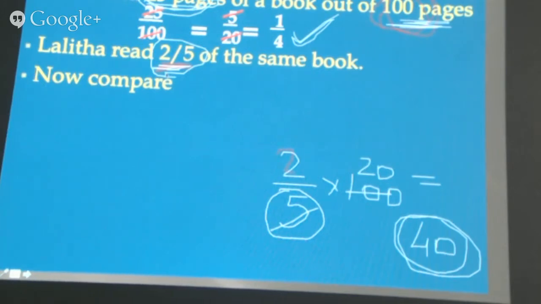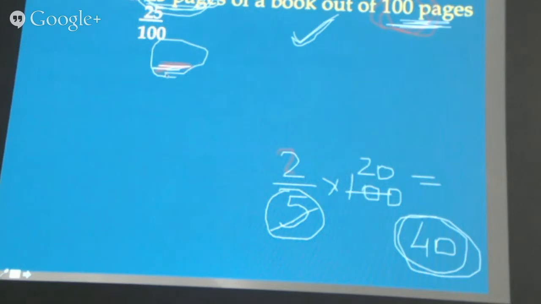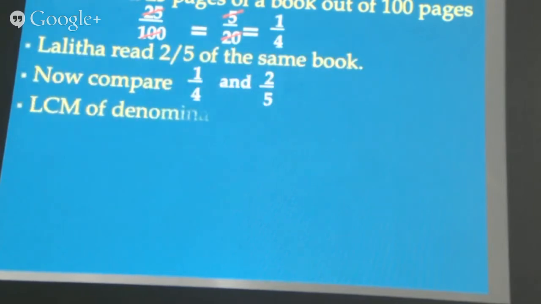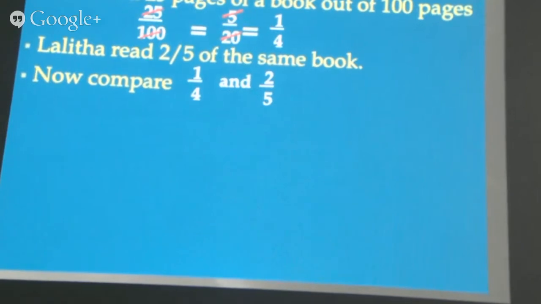And I have one more method. See, now comparison of these two. You know how to do the additions and subtractions. In the same way, here the denominators are the same or different? Different. Here the denominators are not the same.